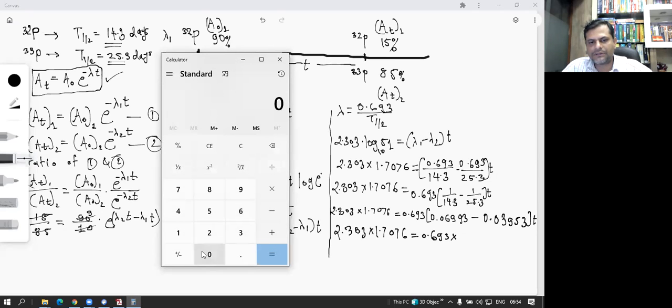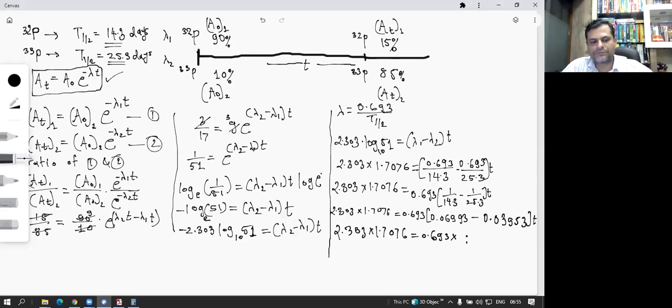See here, 0.06993 minus 0.03953, which happens to be actually 0.0304. So it is 0.0304, and that is multiplied with time t.